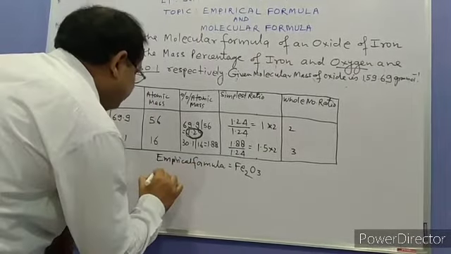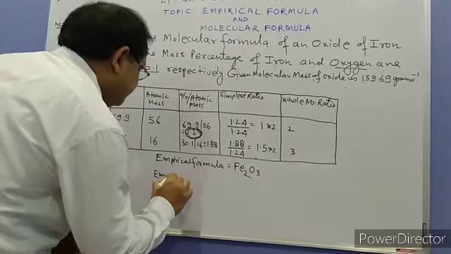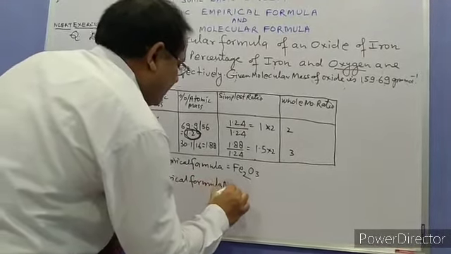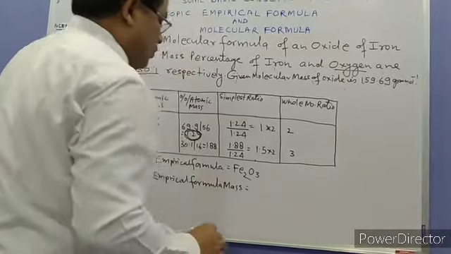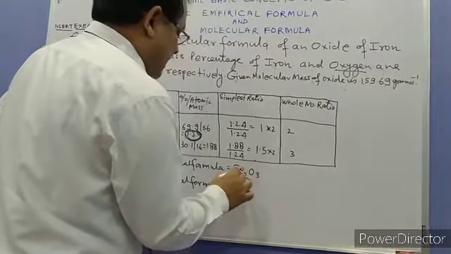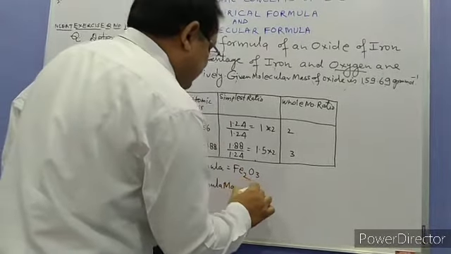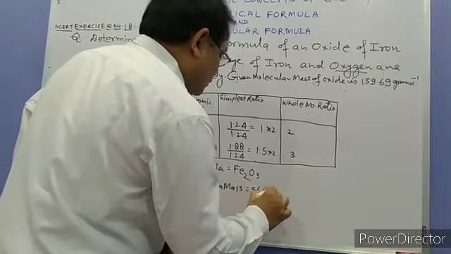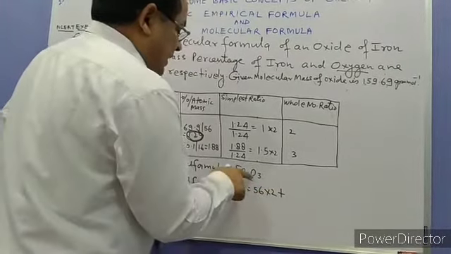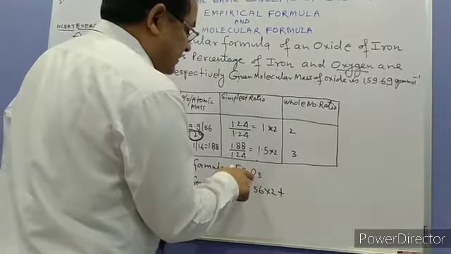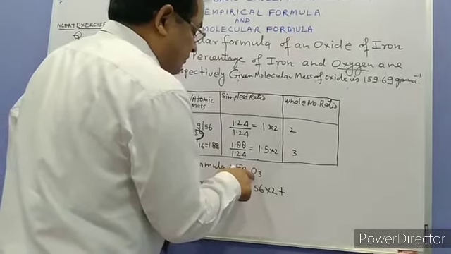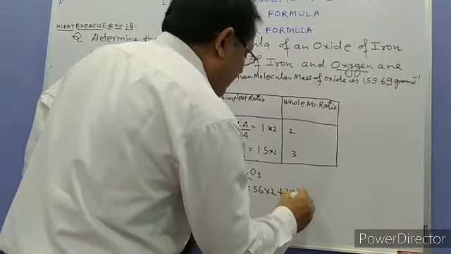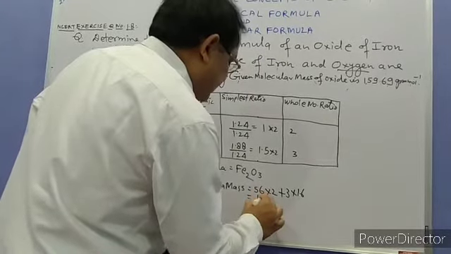Now the empirical formula mass equals atomic mass of iron 56, here Fe2, so 56 into 2, plus atomic mass of oxygen 16, here O3, so 3 into 16, that will be equal to 160.